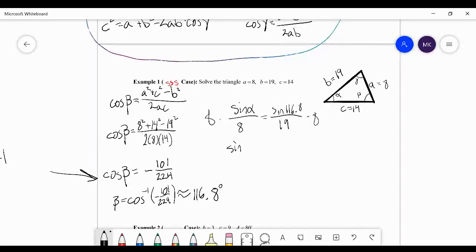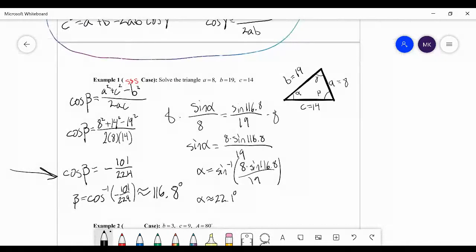We end up with sine of alpha is equal to 8 times the sine of 116.8 over 19. So alpha equals the inverse sine of this. Inverse sine of 8 times sine of 116.8 over 19. So alpha is approximately 22.1.